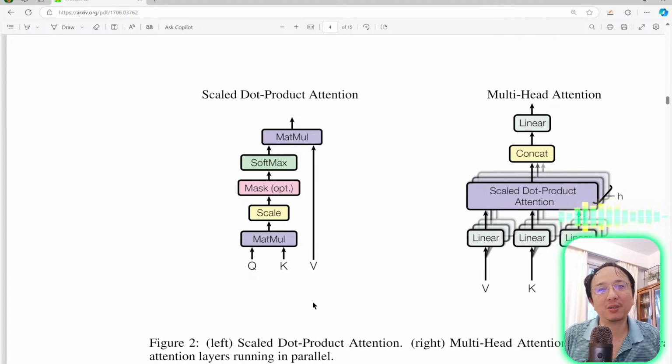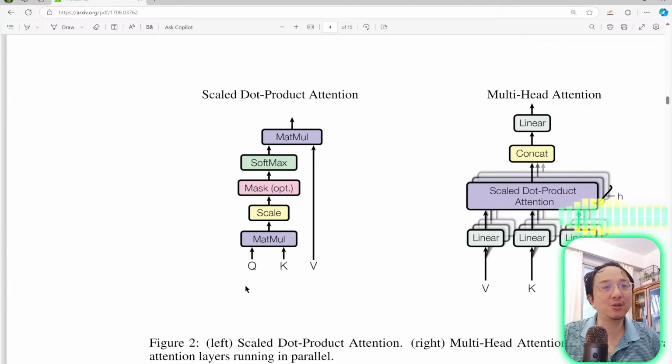Given a vector right here, we project this vector into three different kinds of values, using a linear transformation. This is just a linear transformation into three different vectors. One we call the query, another is called the key, and finally something we call the value.